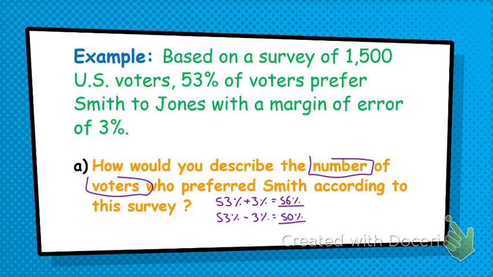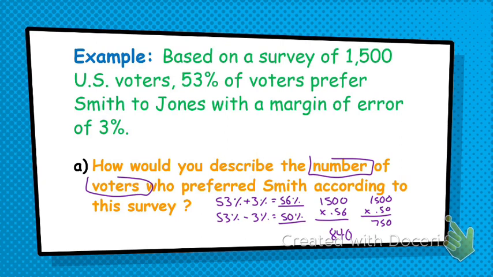So, for instance, if I have 1,500 times 0.56, that's going to give me 840. And if I have 1,500 and I'm trying to find half of that, that's going to give me 750.